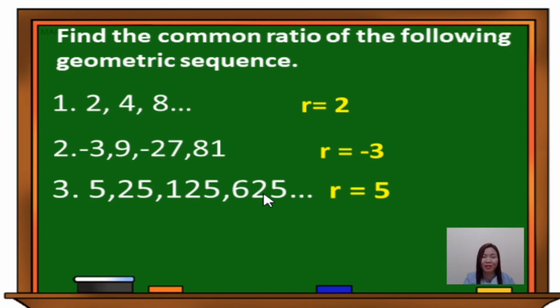So 625 divided by 125 is 5. 125 divided by 25 is 5. 25 divided by 5 is 5. And let's proceed to number 4.